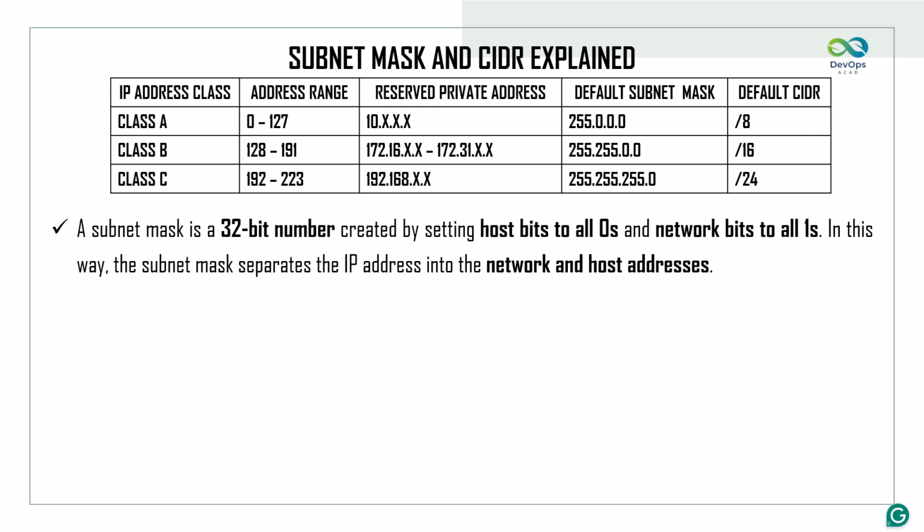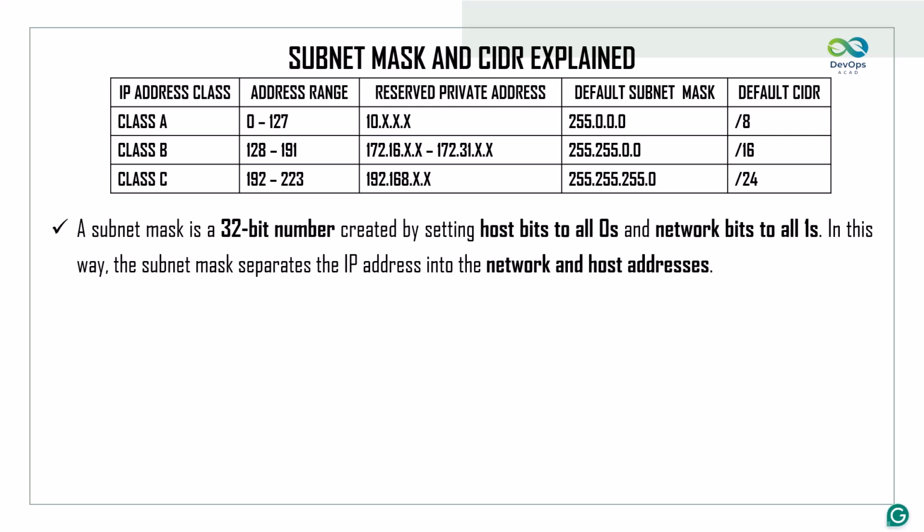Remember, we said that each set in the IP address is 8 bits, which is 1 byte equals 8 bits. For a class A address, the default subnet mask is 255. Now, 255 means that all of the bits are turned on. In the earlier slide, when we calculated all of those numbers, it gave us 255.